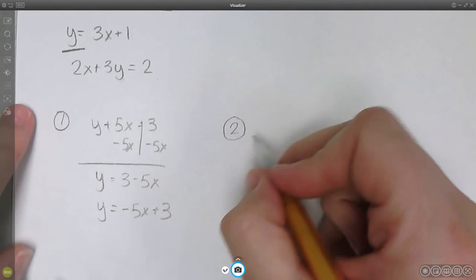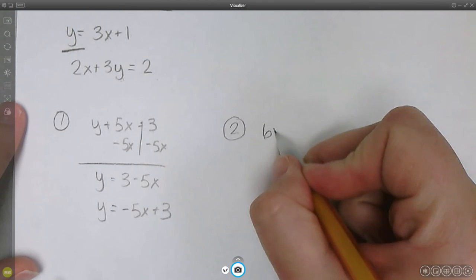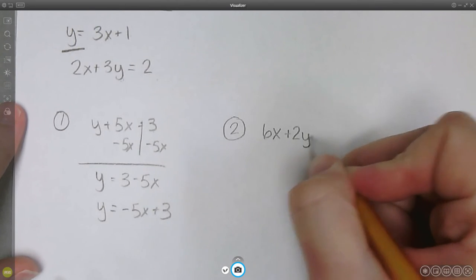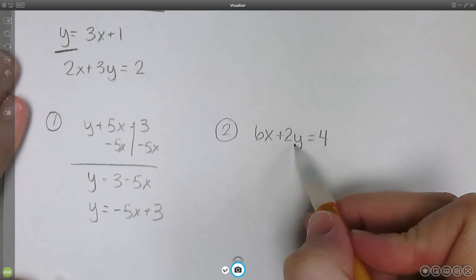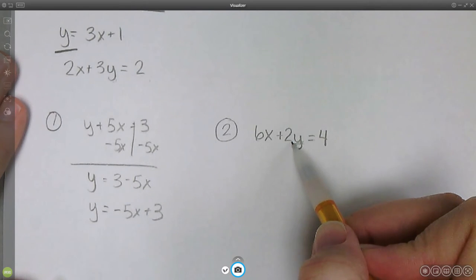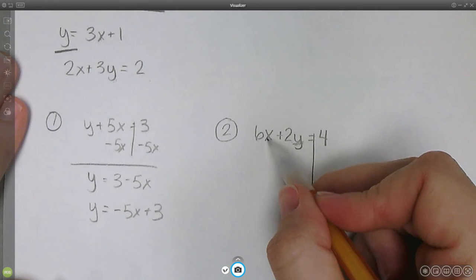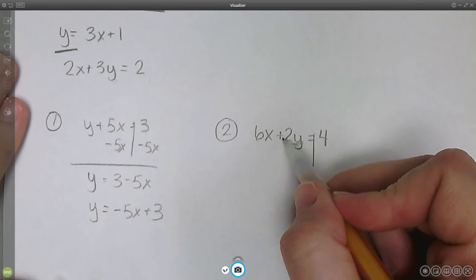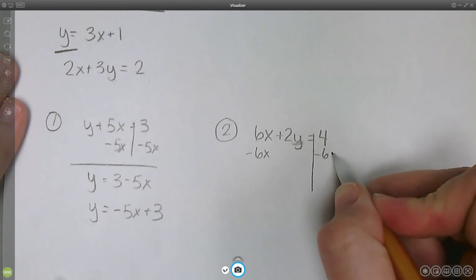So then let's do 6x plus 2y equals 4. Okay, so again, we need to get y by itself. So we need to get rid of the 6x and we need to get rid of the 2. We'll get rid of the 6x first, since you're adding that to it and it's not multiplying. So you do minus 6x, minus 6x.